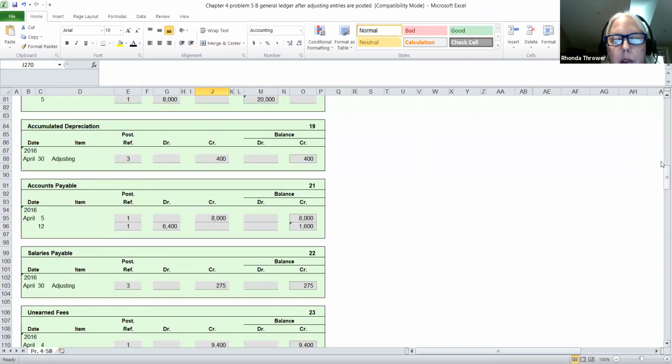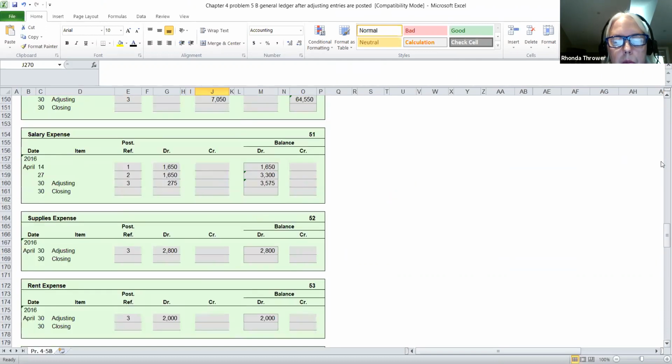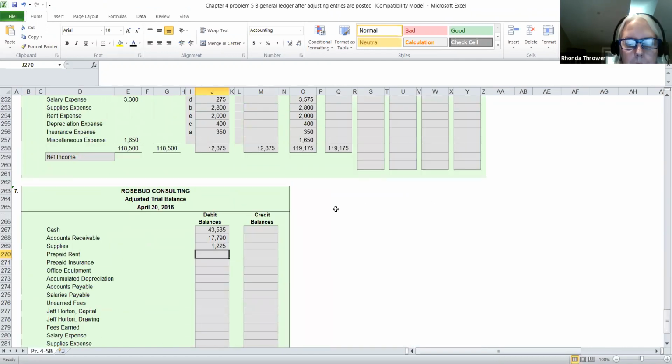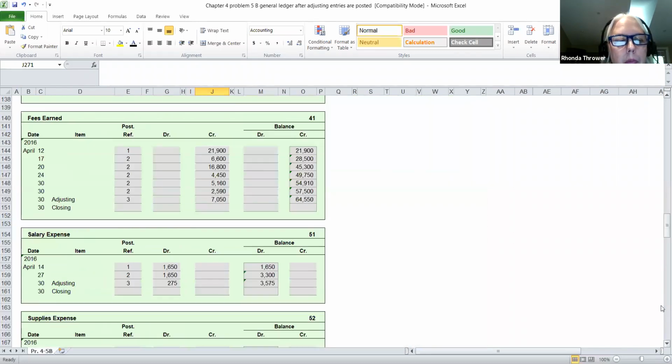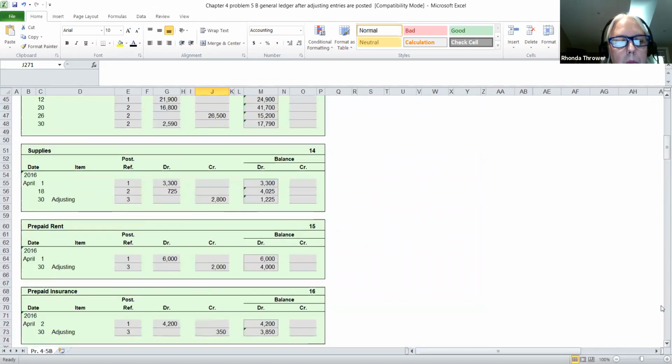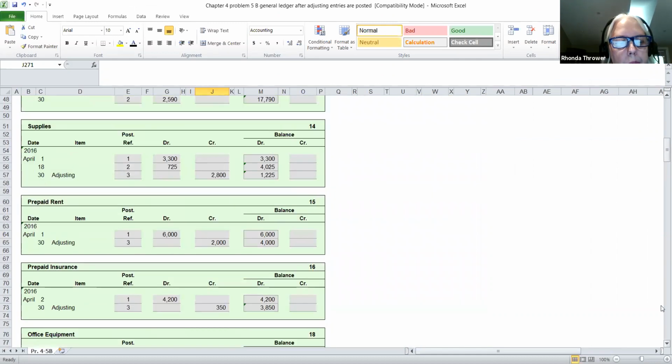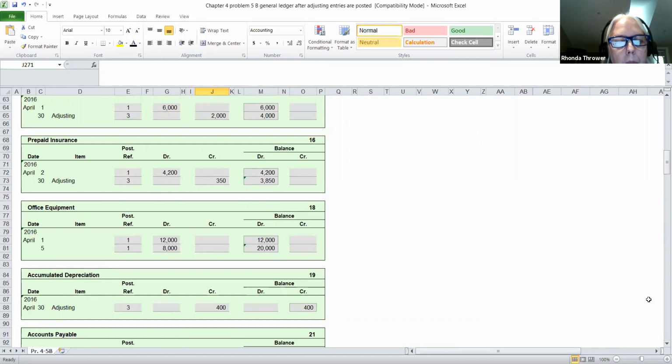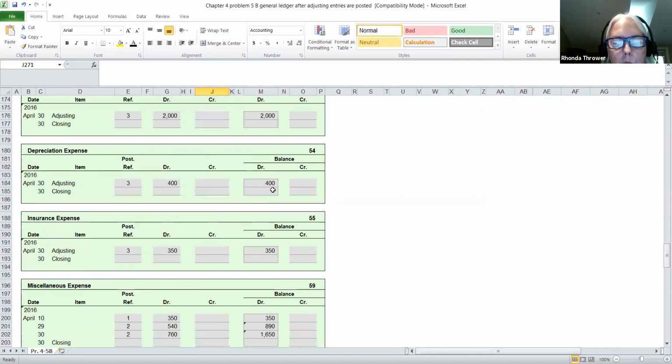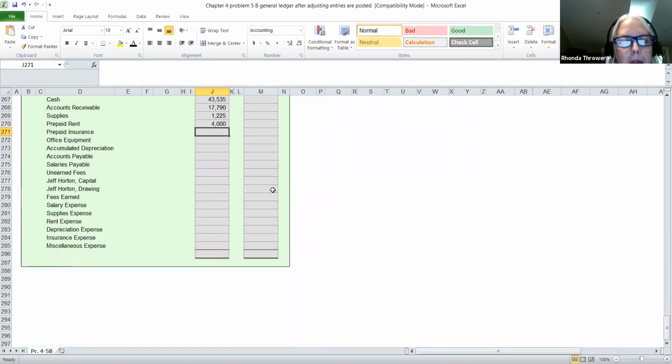So $4,000 is going to be debited to my prepaid rent. My prepaid insurance is $38.50 after the adjusting entry. So $38.50 is going to be copied into the adjusted trial balance.